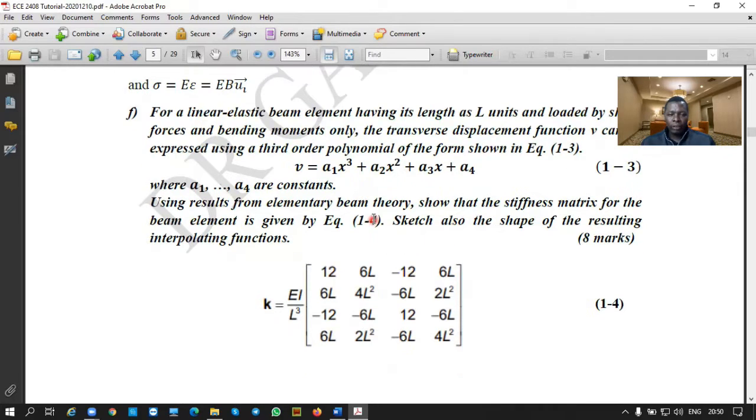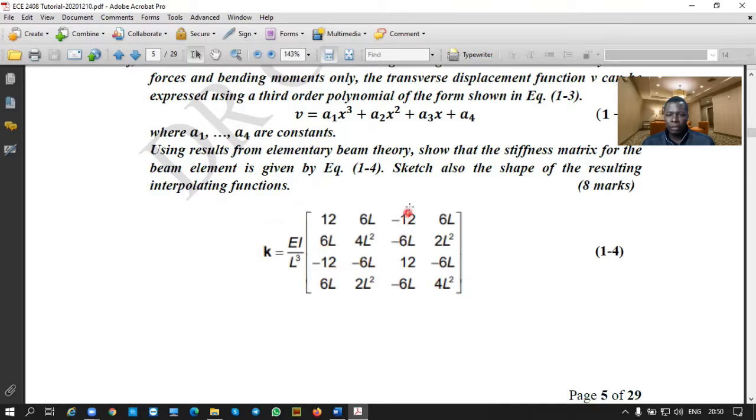Now for these constants, you need to get A1 to A4, and then using that, do the derivation. I remember I also made a sketch of the shape functions, the resulting interpolating functions. This is a lot of marks, 8 marks. I remember I made a tutorial on this, you can check it out, and of course it's in the link, on top of this video on the right or left, so you can see how we derive this expression.